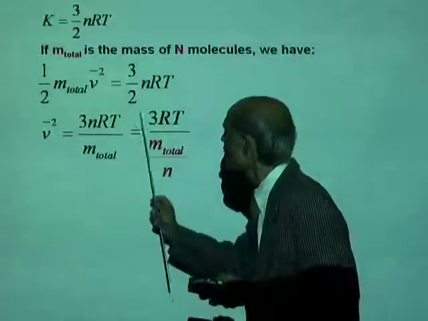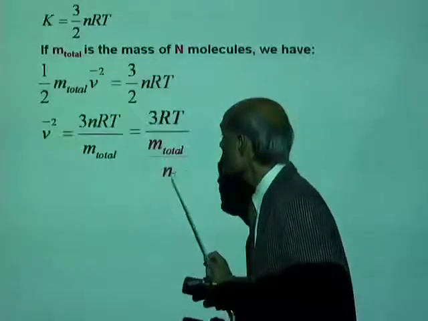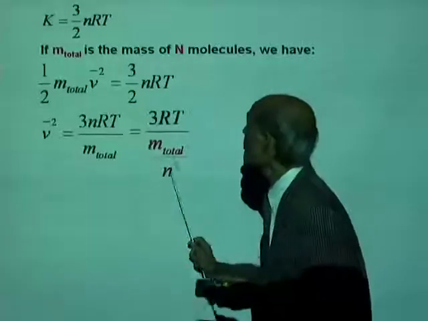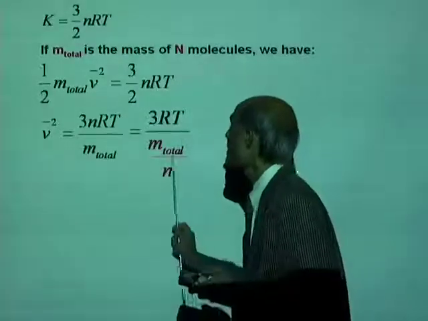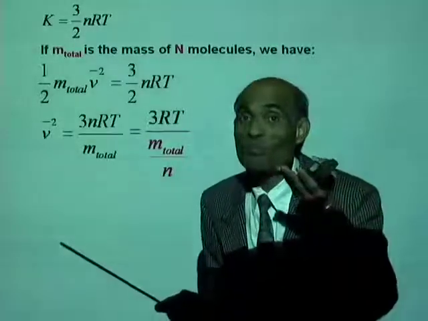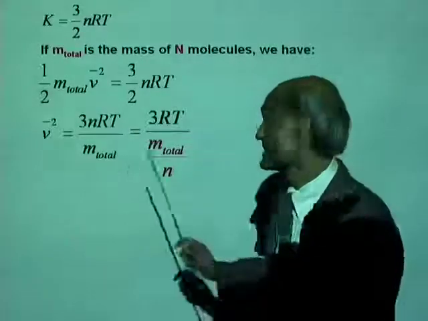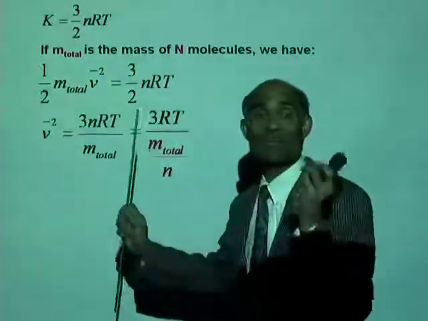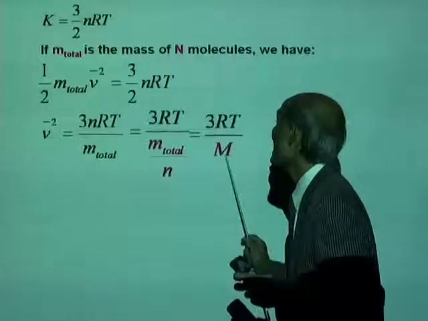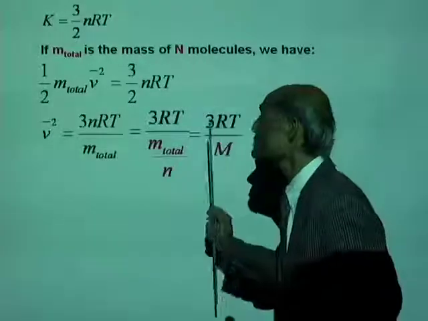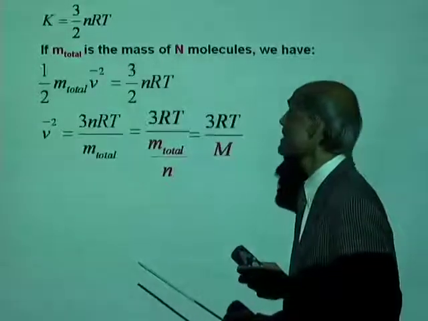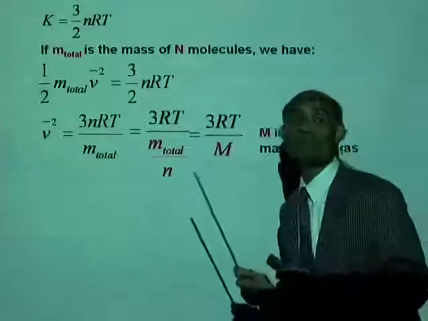This n actually belongs to the numerator. But if I write it like this, it has a significance. What is the significance? M total divided by n. Tell me, what does that represent? The total mass of the gas divided by the number of moles of that gas is the molar mass of the gas, the mass of 1 mole. So this will be 3RT divided by M, where M is the molar mass. V bar squared equal to 3RT over M, where M is the molar mass.